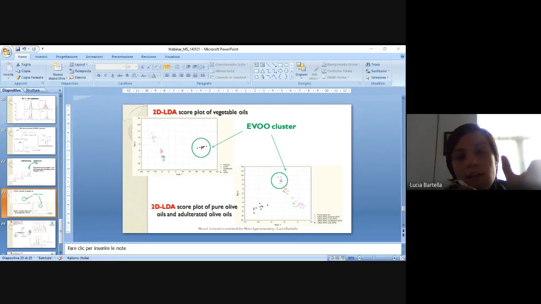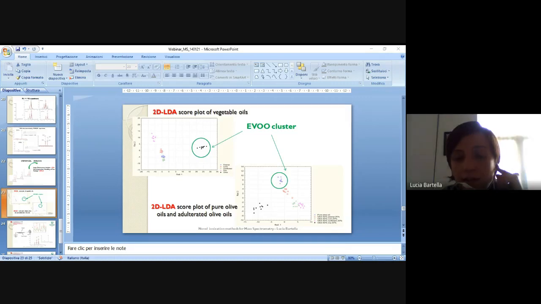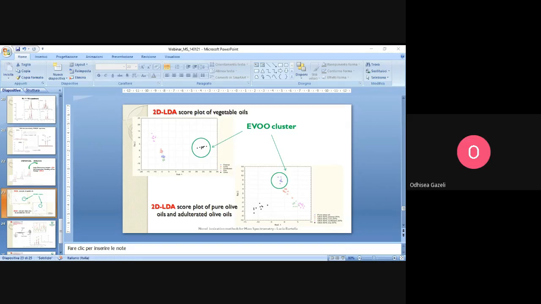ion current, all of the ions present in the mass spectra. Okay. But you cannot associate a dot with a particular signal, a particular mass, right?